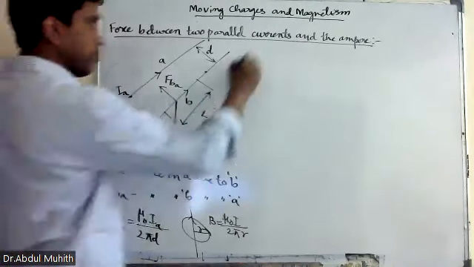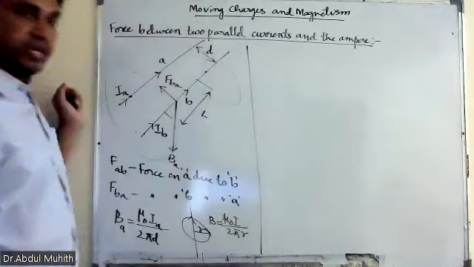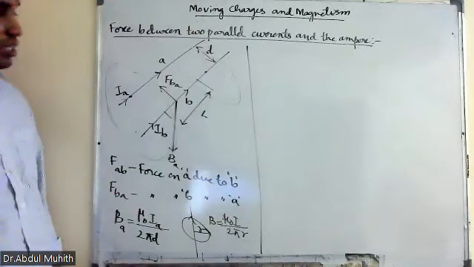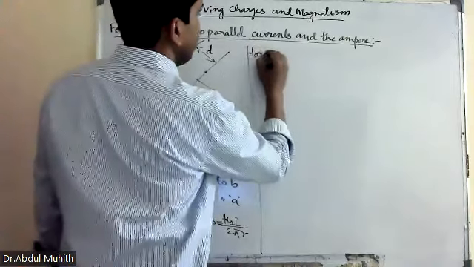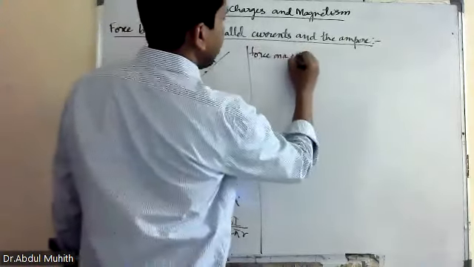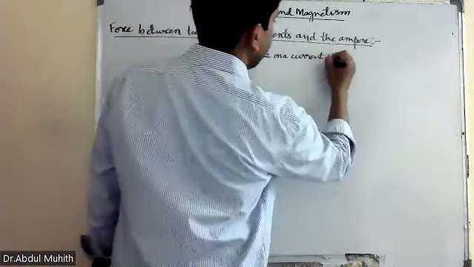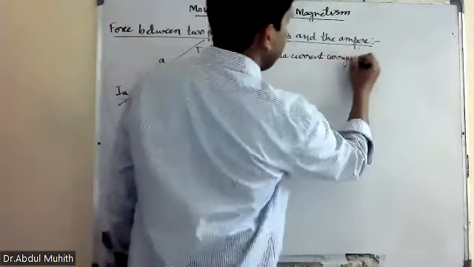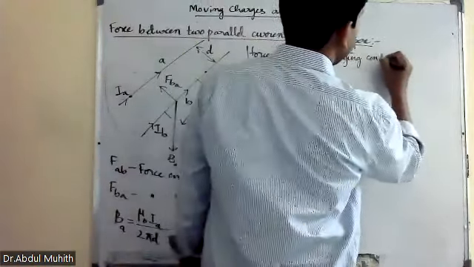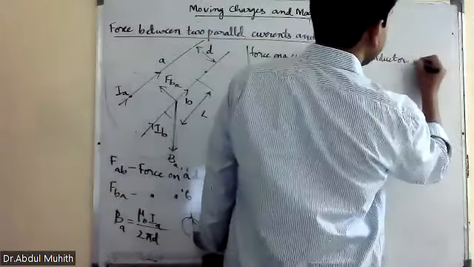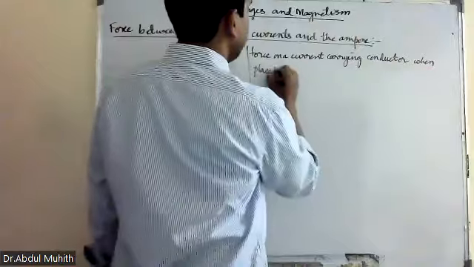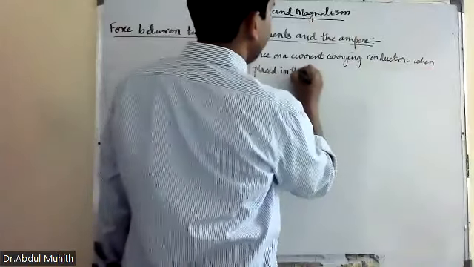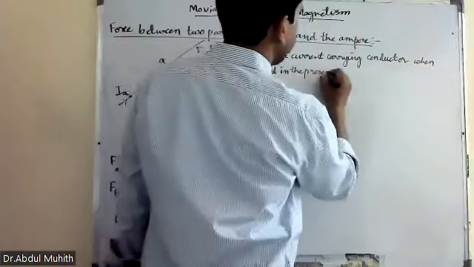Now, what is the force on a current carrying conductor when placed in the presence of a magnetic field?